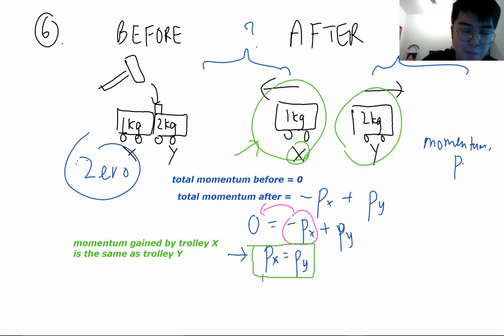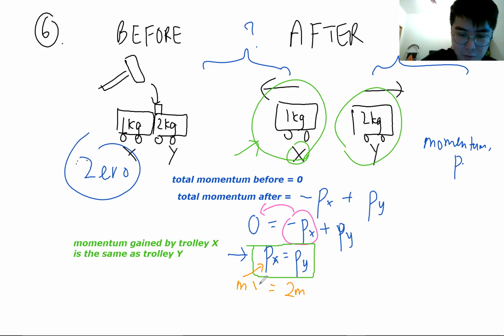Now, from here, you expand the formula because I want to find the distance. So momentum equals to mv. Now, the mass for trolley X is 1 kg. Mass for trolley Y is 2 kg. So you just write m for X and 2m for Y, because it is 2 times of X. So mass times velocity.